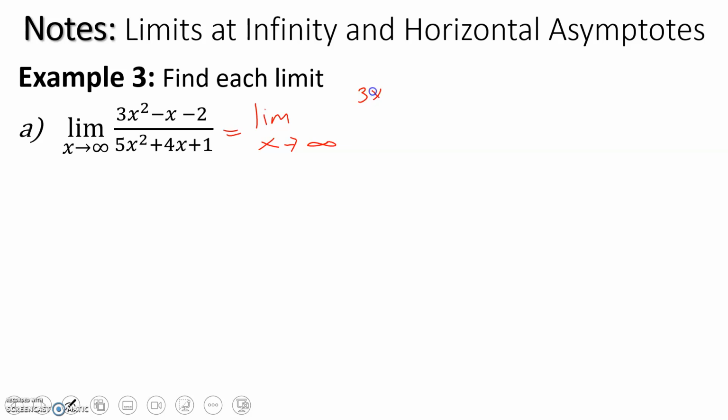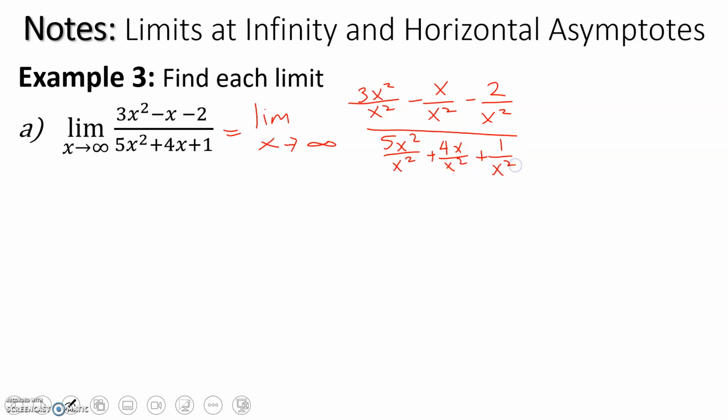So I have here 3x squared over x squared minus x over x squared minus 2 over x squared. And then I have 5x squared over x squared plus 4x over x squared plus 1 over x squared. Now, mathematically, this is acceptable because I've done the same thing to the numerator and the denominator. So essentially what I'm doing here is I'm multiplying this entire expression by a 1.